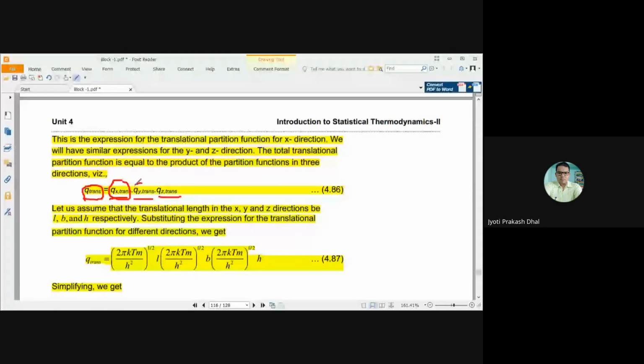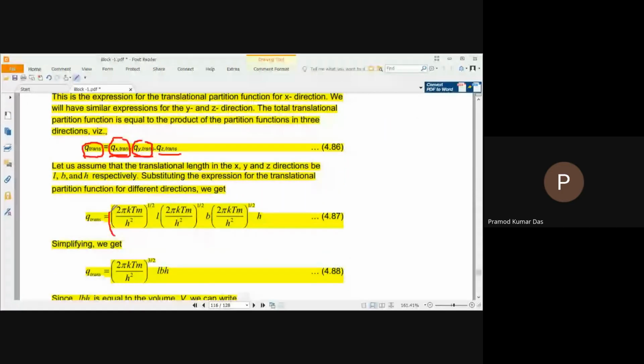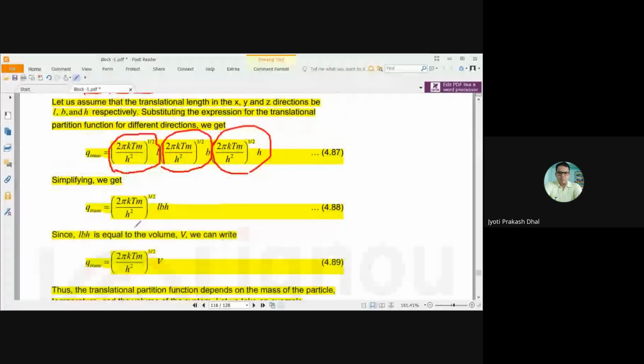If we want to find the full partition function, it is Qx translational into Qy translational into Qz translational. We have already solved for x, and similarly the value of Qy translational and Qz translational will be like this, and simplifying we will write Q translational.